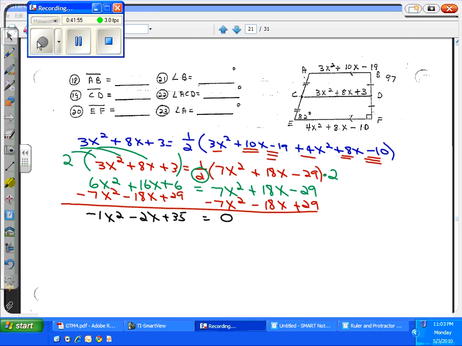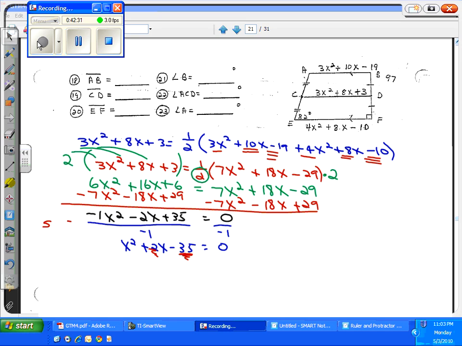Anyway, we can go ahead and divide by that negative 1 again like we did a while ago to make a be 1, so it's a little easier to factor. So we're going to have x squared plus 2x minus 35 is equal to 0. Since a is 1, we think, what can we multiply to get a negative 35 but add to get a 2?